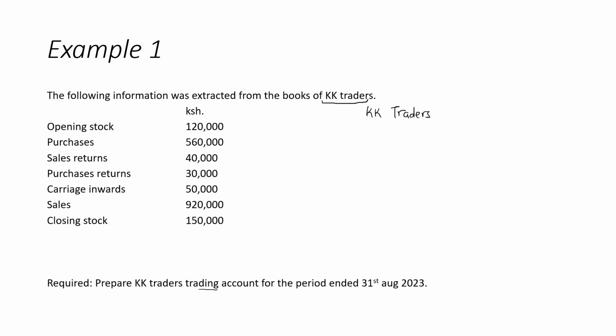So you come and write down there, trading account for the period ended 31st of August 2023. Now that is our title.